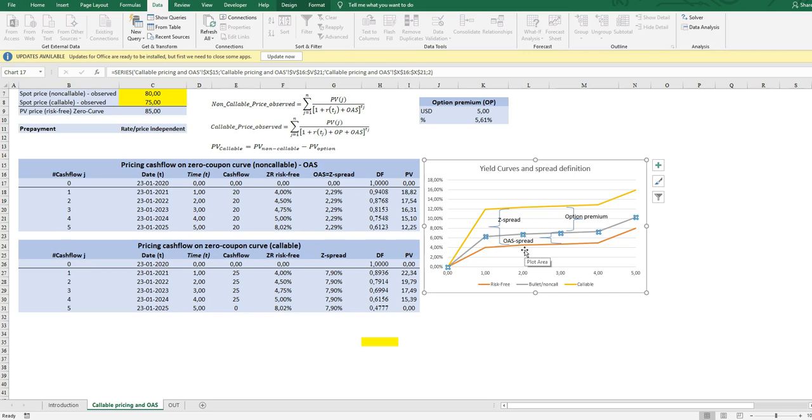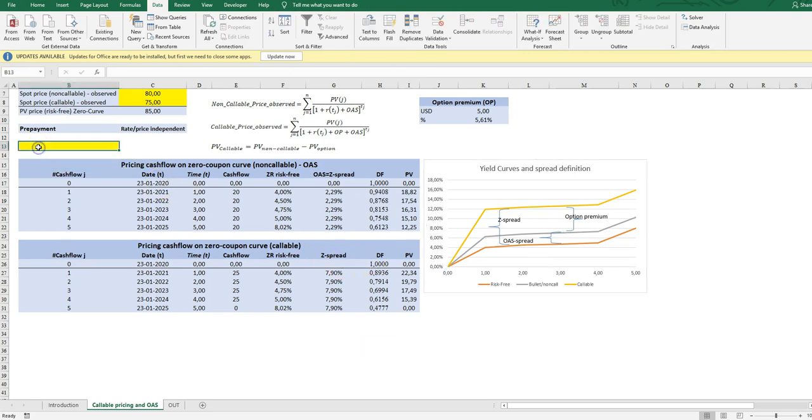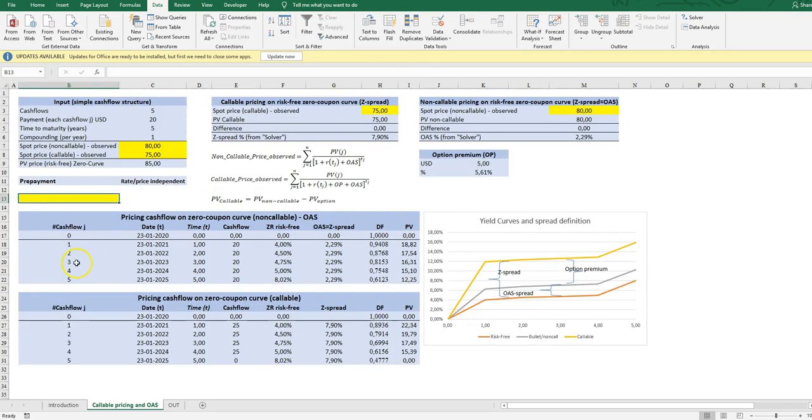So we have to add on the option premium. So all in all, we have the Z-spread represented by the yellow curve. Alright, that should more or less be it.